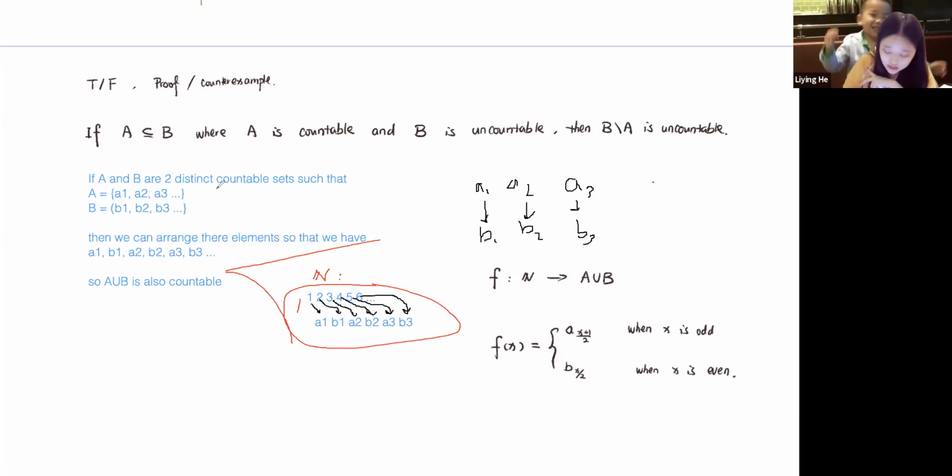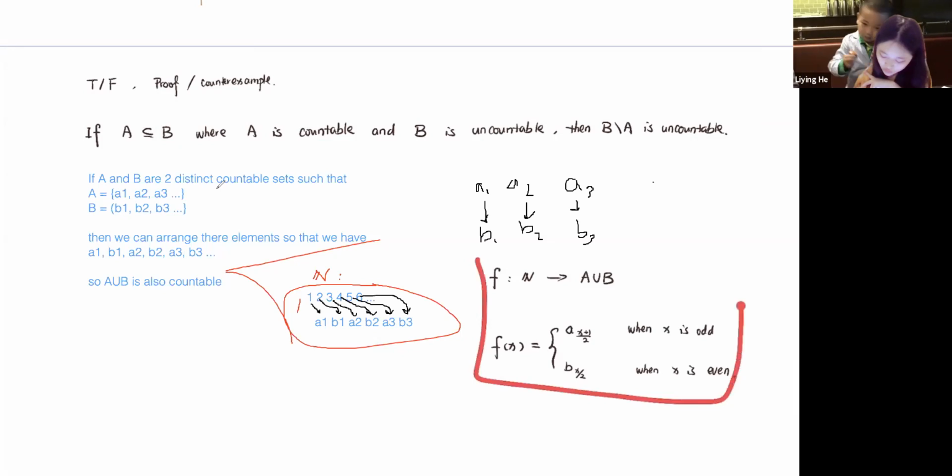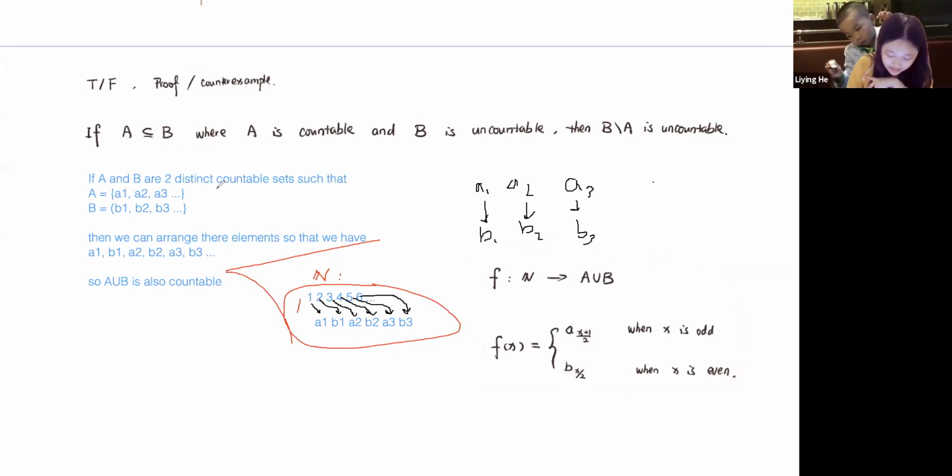Okay, so this function will give you whatever we have here as the arrow diagram.